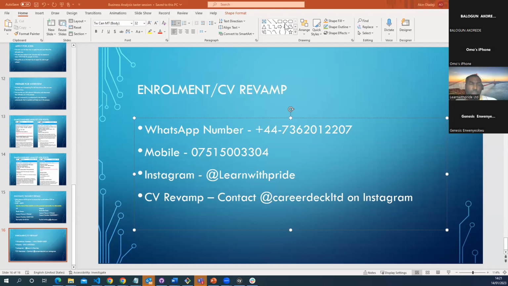So have it at the back of your mind that if you're a BA, you can comfortably do the job of a product owner, but it's difficult for a product owner to comfortably do the job of a business analyst, because the job of a business analyst is beyond the delivery of that project. You are involved in the delivery, but your job transcends beyond it. But the product owner is solely focused on the delivery of that particular solution. I don't know if that gives you some bit of clarity, Ademi.